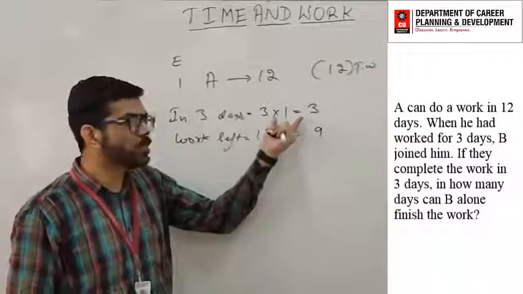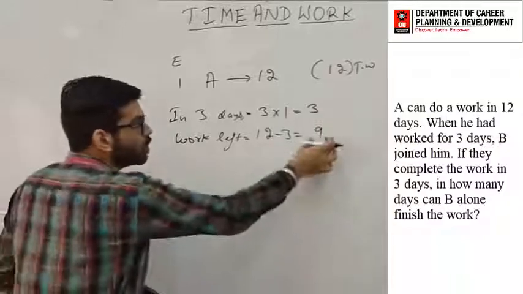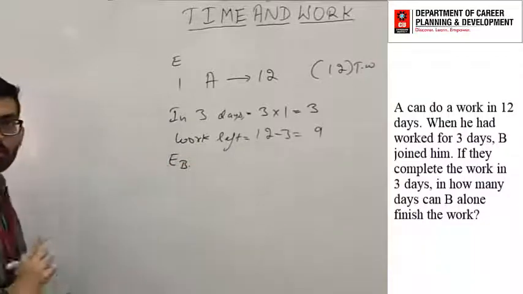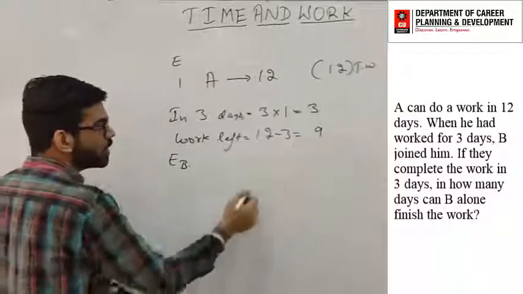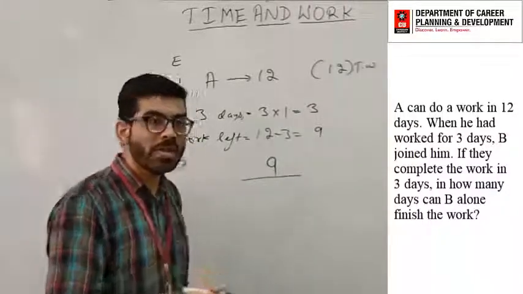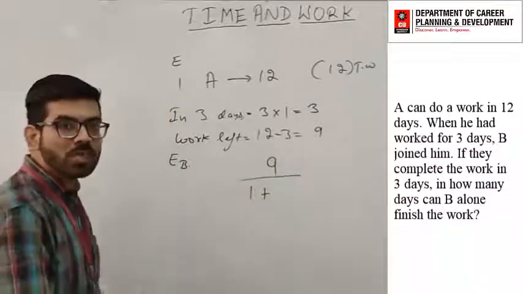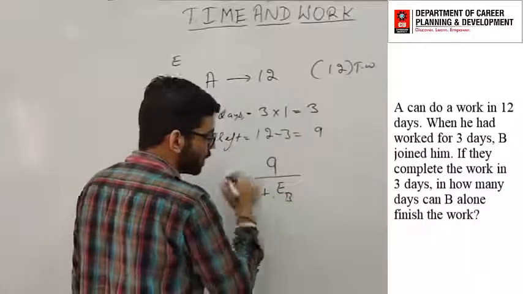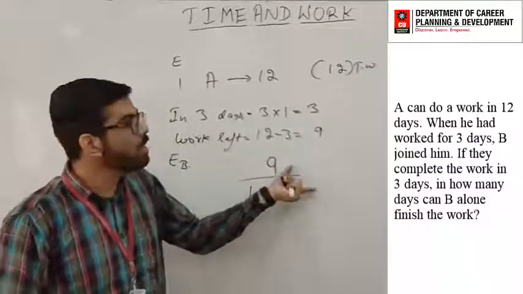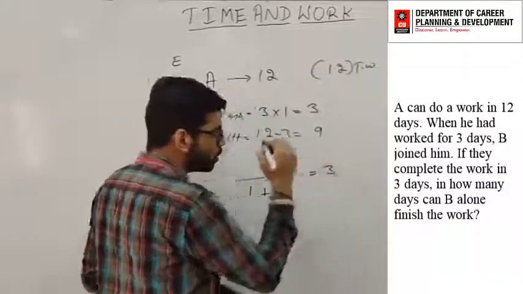Now as per the question, after 3 days, B joins A. Let's assume the efficiency of B is EB. The work is 9 divided by the combined efficiency, where the efficiency of A is 1 and the efficiency of B is EB, and they complete the job in 3 days, so this is equal to 3.